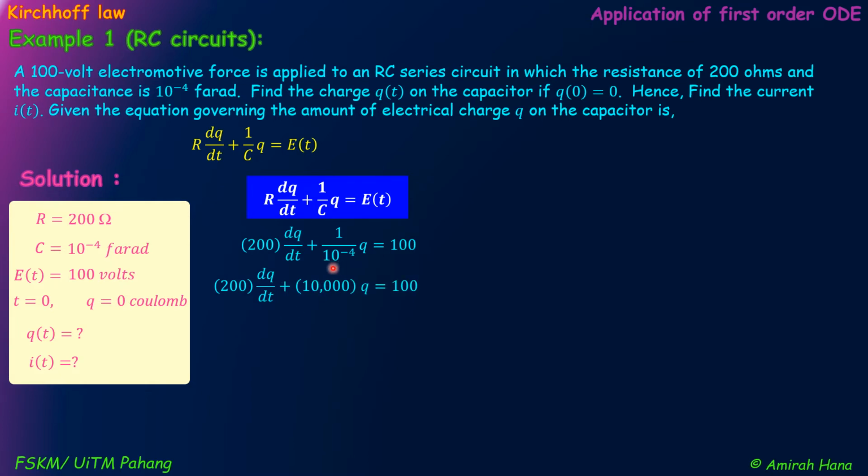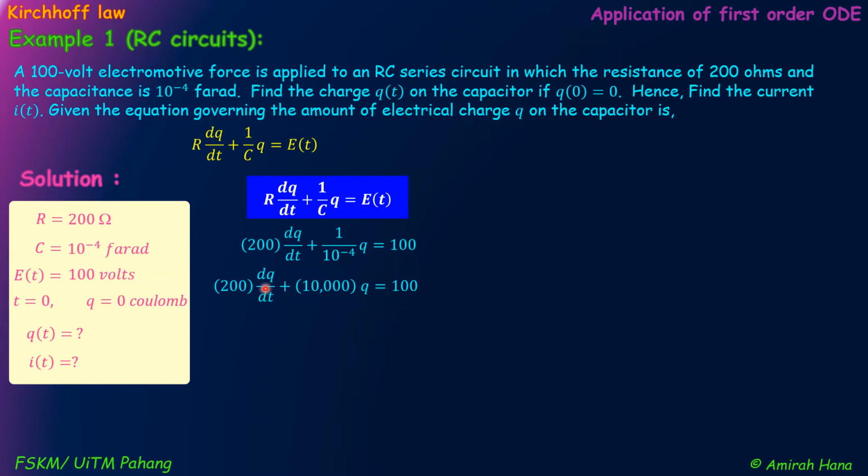Before that, we move 10 to the power of negative 4 from the denominator up. Using the properties of indices, we have 10 to the power of positive 4, which equals 10,000. So we have 200 dQ over dt plus 10,000 Q equals 100.